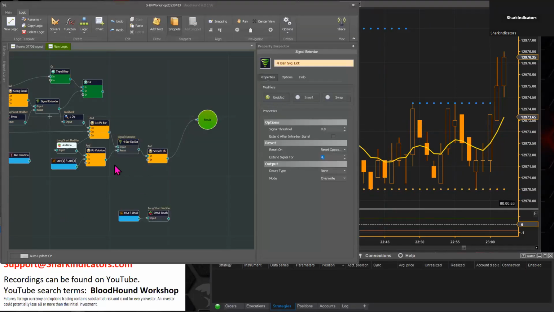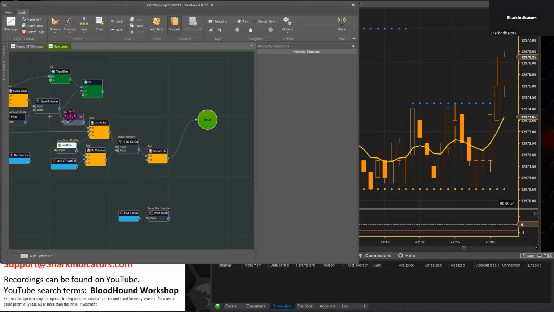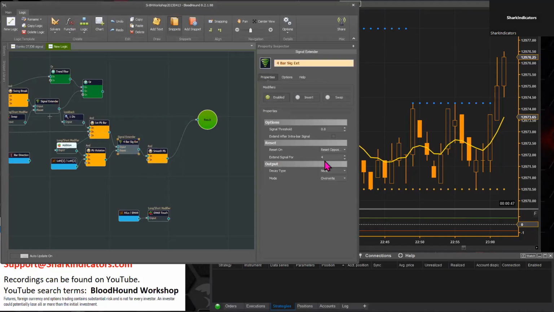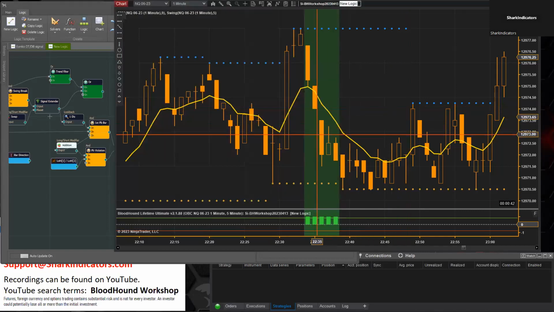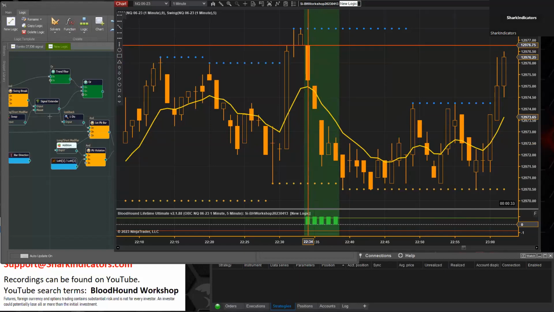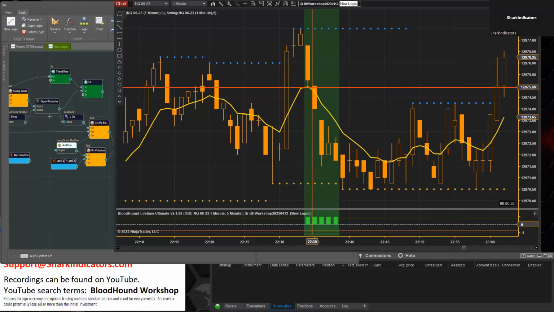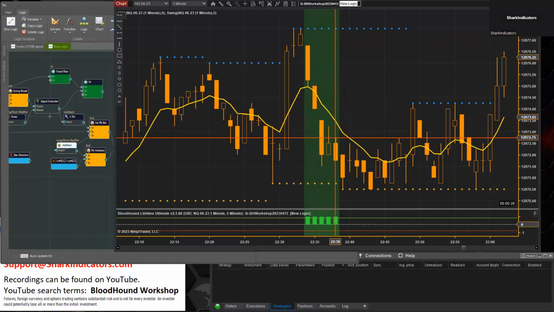So let's see. Oh, actually, no. Is it? Yeah, 1, 2, 3, 4, 5. Okay, so it's 4 bars after the first pullback. There we go. First pullback, and then we get 4 bars afterwards.